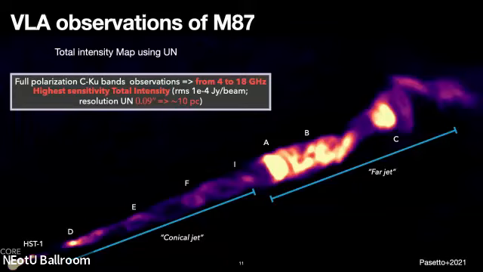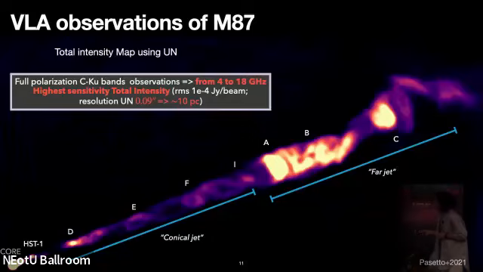So just to note, this is full polarization from C, X and Ku band observations, so from 4 to 18 gigahertz, and I'm going to show you the result of what I call the conical jet part.